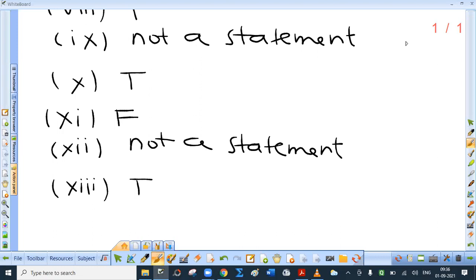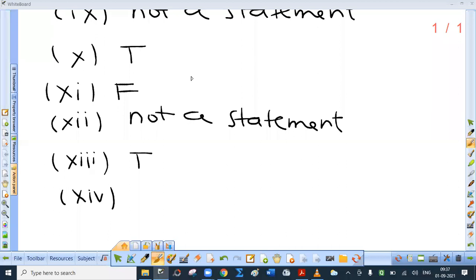For 13th: the sum of cube roots of unity is 0.